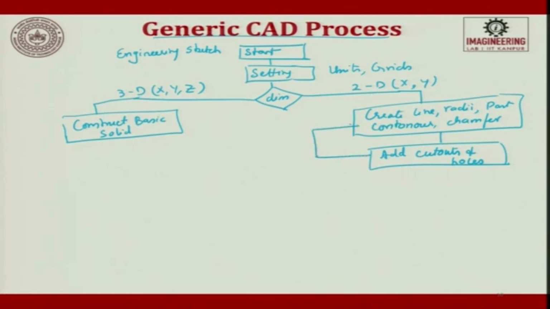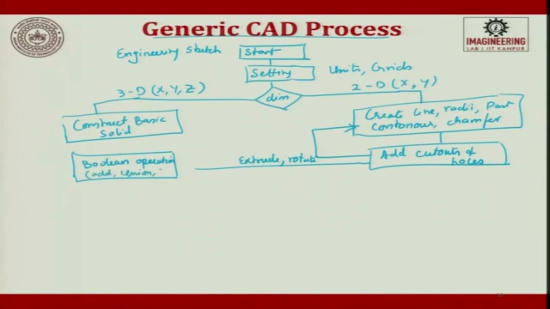Then we go back, and we can extrude, rotate. Here we use Boolean operations. What are Boolean operations? A union B, A intersection B, A subtract B, whatever, invert. All these things are Boolean operations.